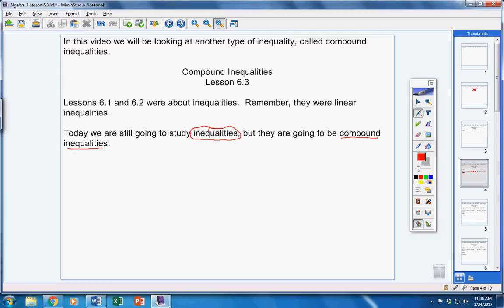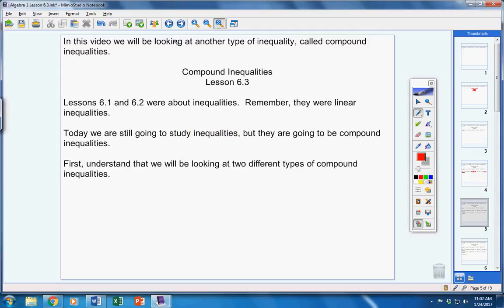Now, first, understand that we'll be looking at two different types of compound inequalities. The other day, lesson 6.1 and 6.2, we studied simple linear inequalities. Today we're studying compound inequalities.